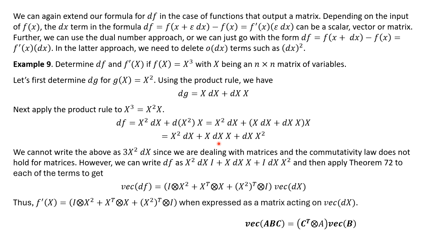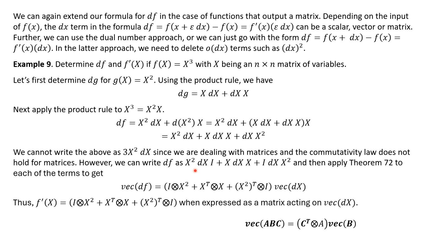You notice it looks almost like 3x squared dx, but we can't commute these things necessarily, so we're kind of stuck with this formulation. Now we want to pull out the derivative, and so we want to get the dx to the right, so we can read it off. We only have it in the correct position here, so we need to work on these.